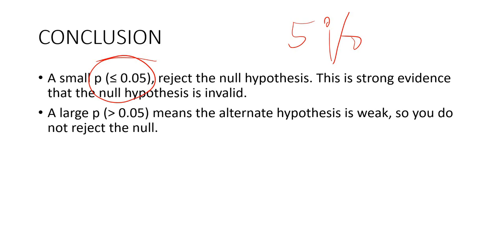That's what a small p-value means: reject the null hypothesis. If it is less than this 5%, you should reject the null hypothesis. This is strong evidence that the null hypothesis is invalid. A large p-value, greater than 0.05, means the alternative hypothesis is weak, and so you do not reject the null hypothesis. You shouldn't reject the null hypothesis.